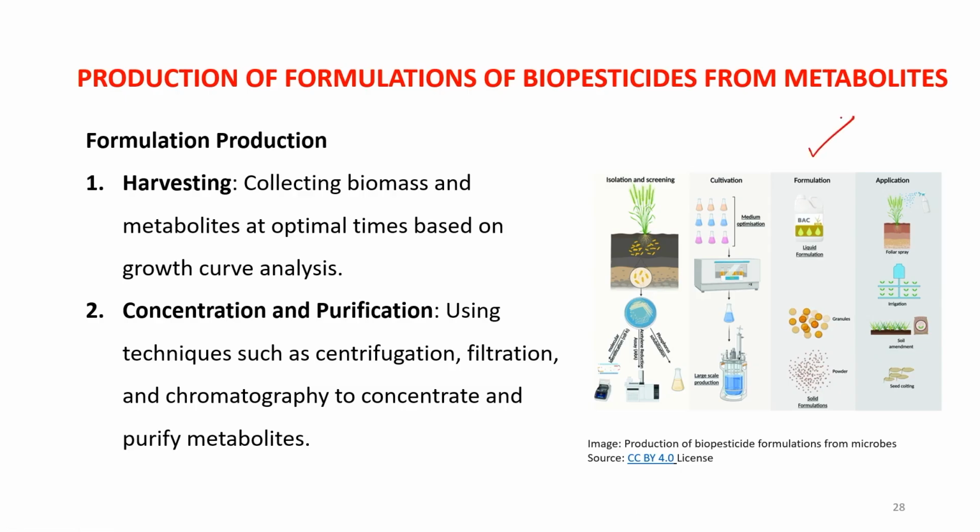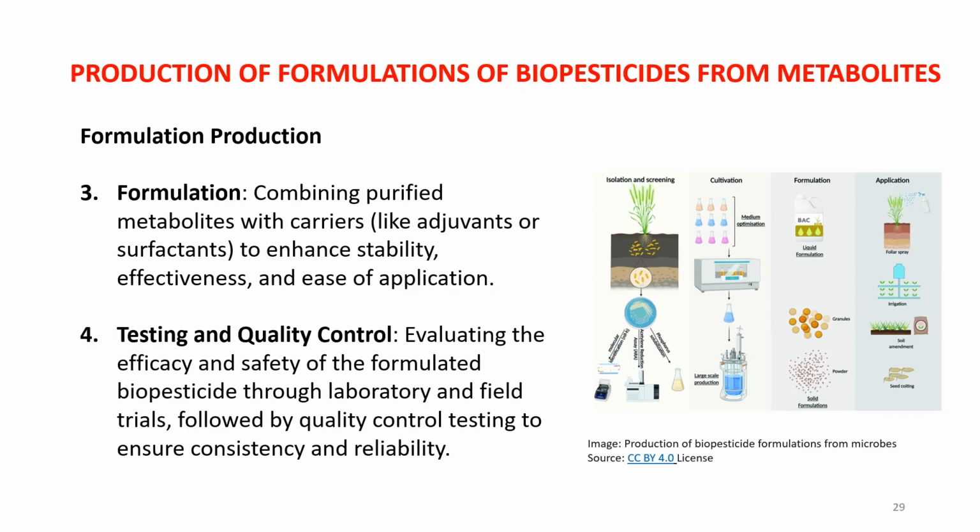The next important stage is the formulation stage. Once we harvest the biomass or the microorganisms and the metabolites at the optimal time based on growth curve analysis, we go for concentration and purification using techniques such as centrifugation, filtration, and chromatography, and we go for formulation of granules, powder, liquid, or solid formulations.